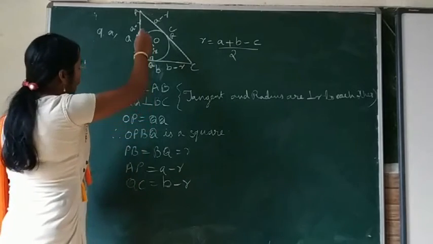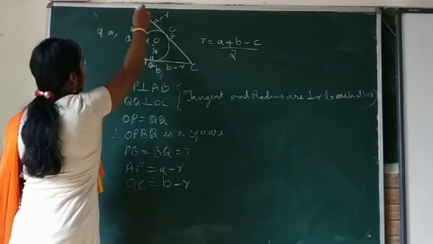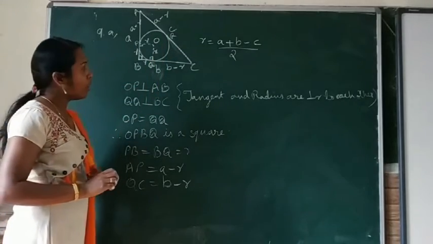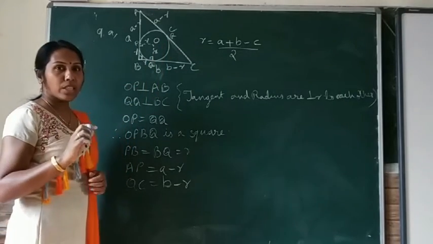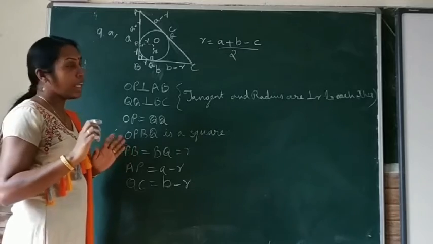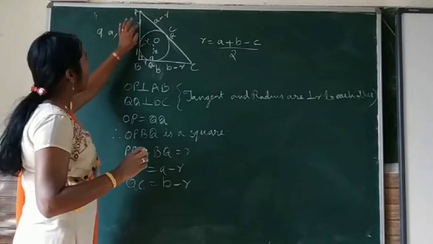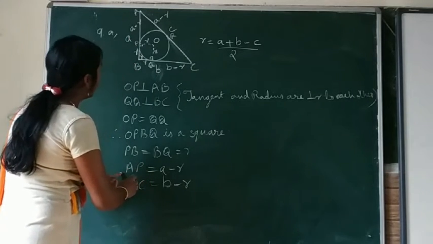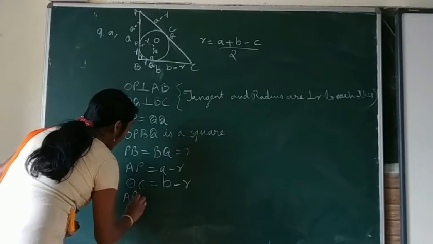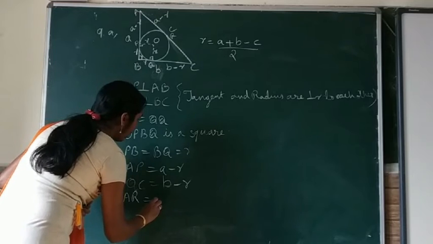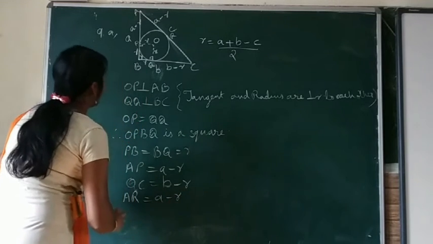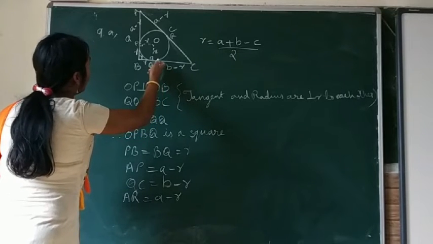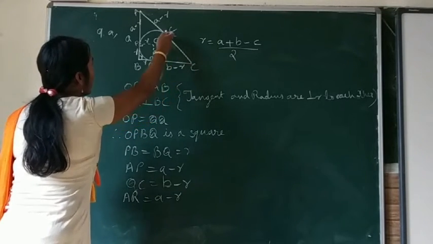Now, consider the tangents AP and AR. AP and AR are equal in length because from an external point the tangents drawn to a circle are equal in length. That means AP is equal to AR is equal to A minus R. And similarly we have CQ and CR are equal.